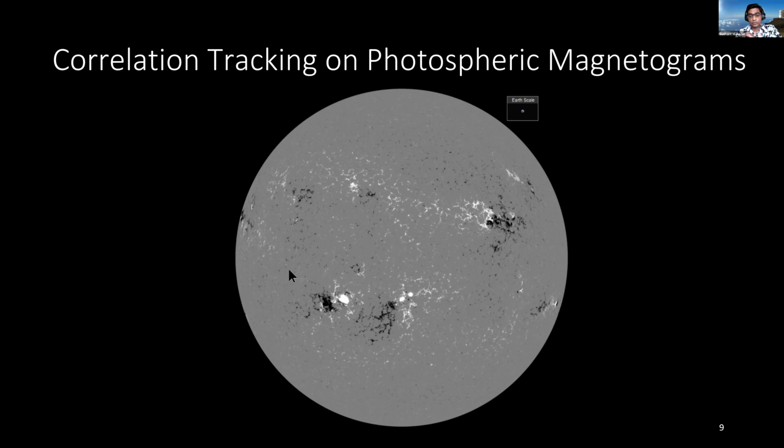What we want to do is track how the small scale magnetic elements and the network of these small scale magnetic elements move on the surface. So what we do is we actually mask out active regions, and what we're trying to track are these inter-supergranular lanes where these small scale magnetic elements accumulate around the boundaries of supergranules where there are converging flows.